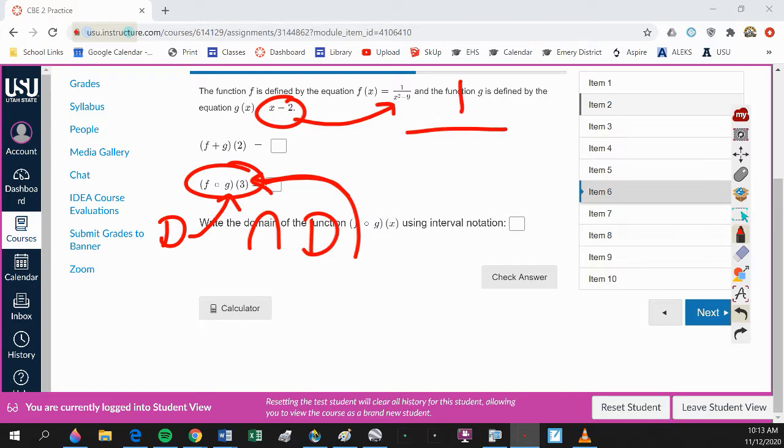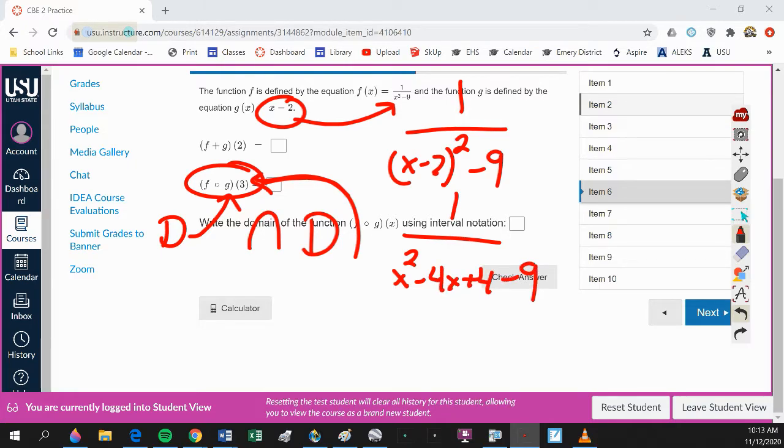I get x minus 2 squared minus 9, which is x squared minus 4x plus 4 minus 9. Is everybody okay with that? So that's 1 over x squared minus 4x minus 5.